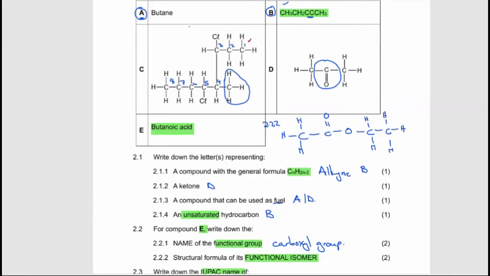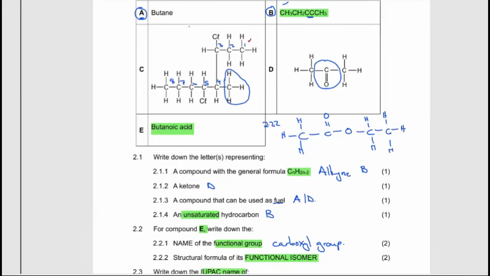Now we know on carbon number 4 we have that methyl group, and on carbon number 3 we also have that chloro, or our halogen there, right? So 1, 2, 3, 4, 5, 6, 7, 8, right? The longest chain is going to be 8.